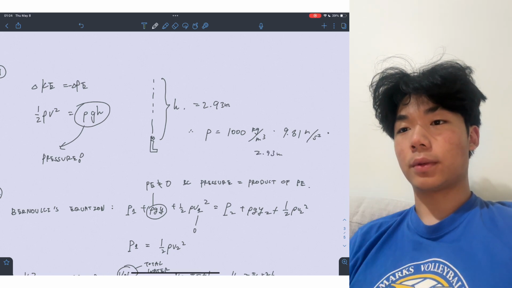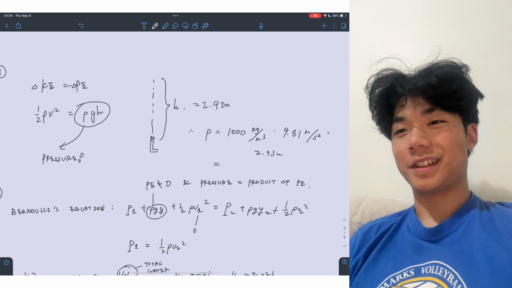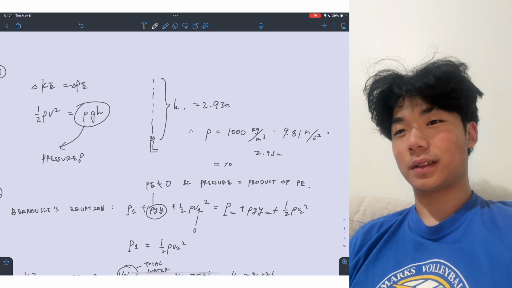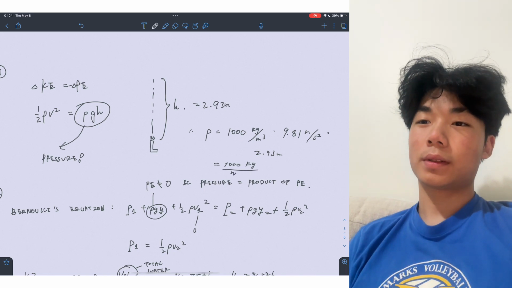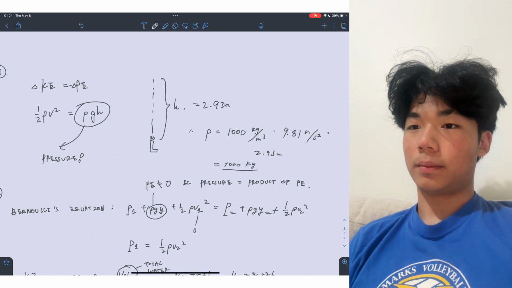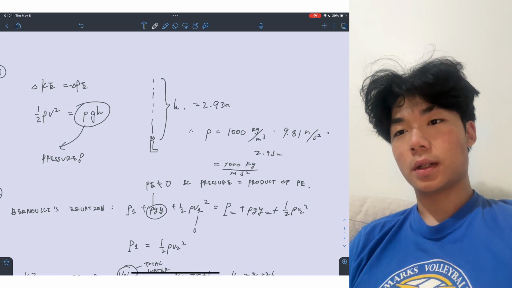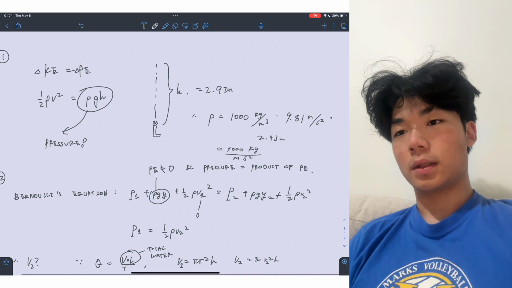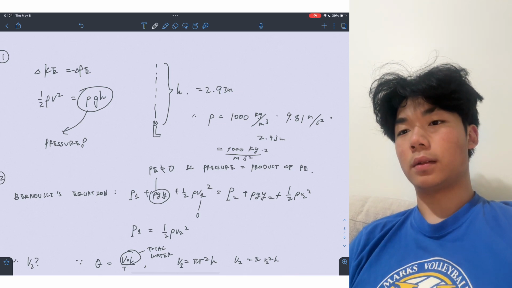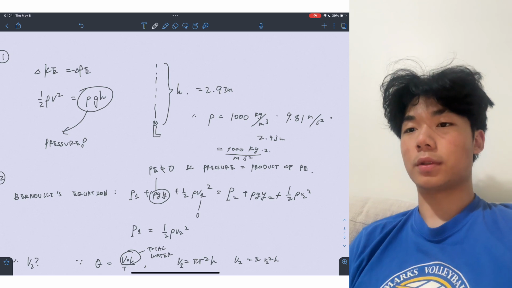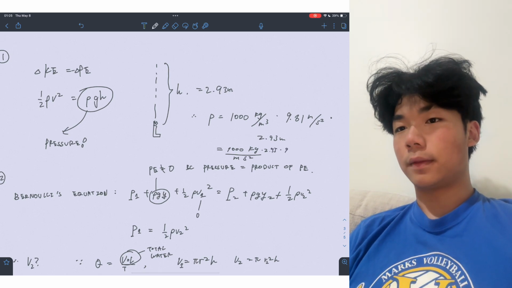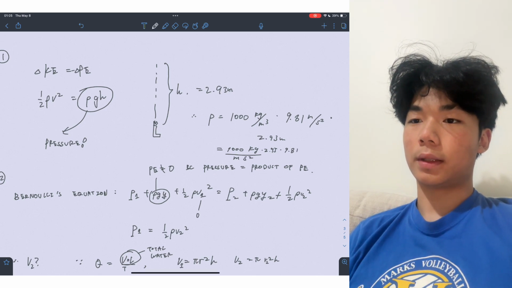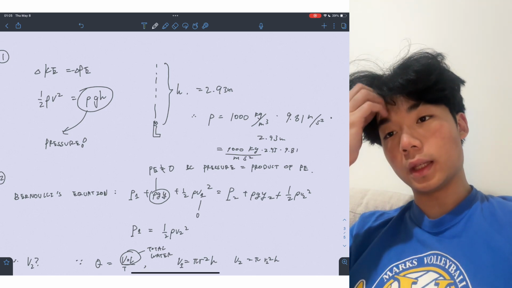Then you can cancel the m's, the 3 minus 2 on the exponent in the denominator, and you get kilograms per meter times second squared. You just multiply those numbers together, and I got a pretty reasonable number at the end, which was 28.74.